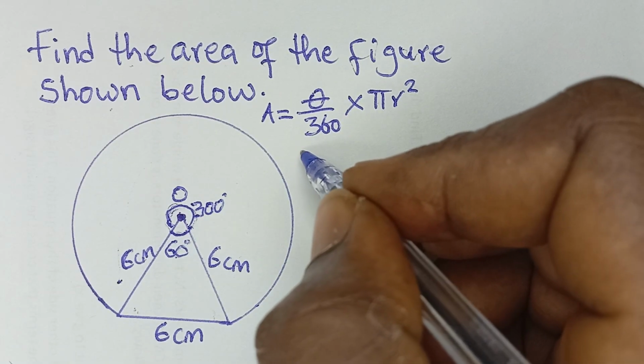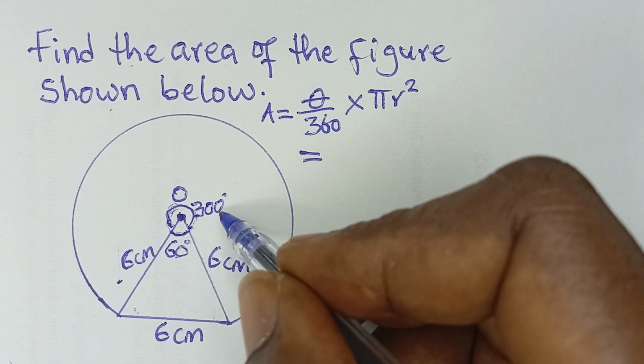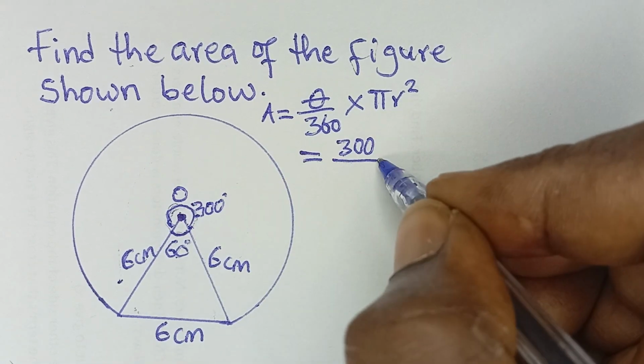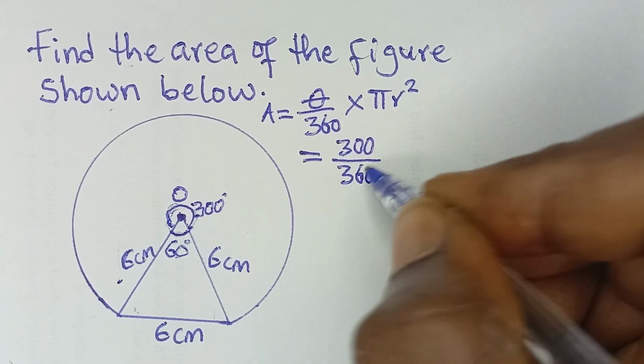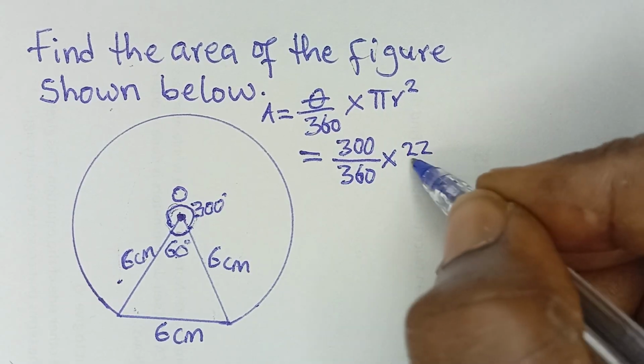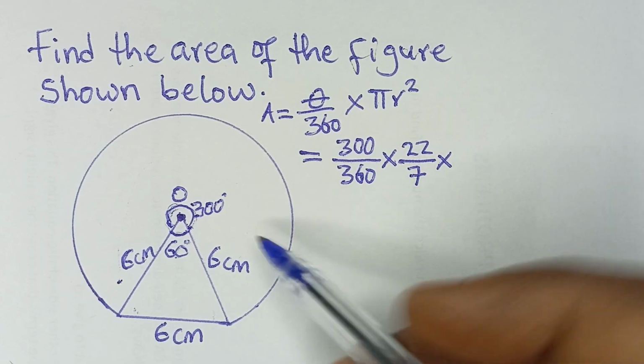So I can simply say it is equal to the angle at the center, which is 300 for the sector, 300 all divided by 360, multiplied by the value of pi, which is 22 over 7, multiplied by the square of the radius.